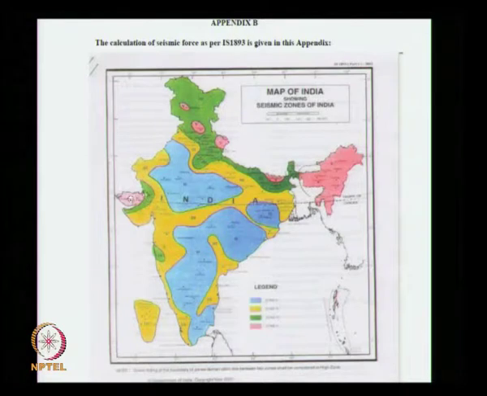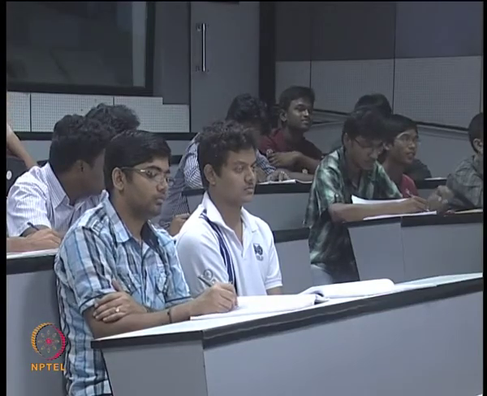Where did we have earthquakes? In recent times, what are the 2 earthquakes that have occurred very recently? Earthquakes occur every day, every year also. 2 severe earthquakes in this decade. What are they? Bhuj earthquake, then another earthquake.